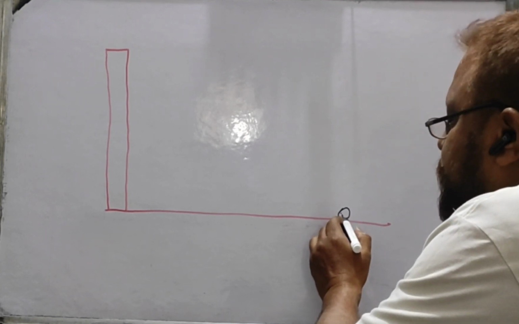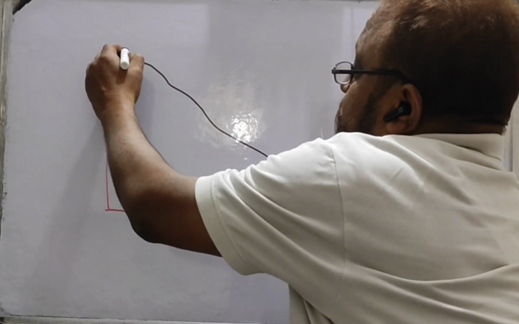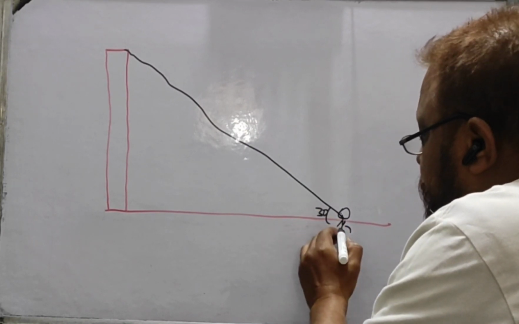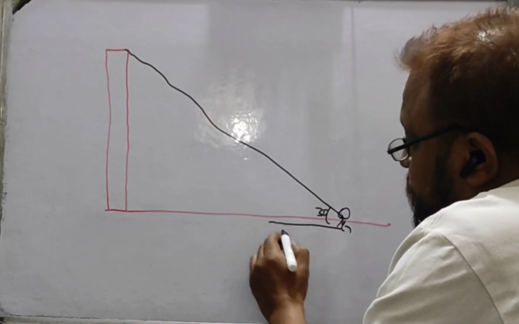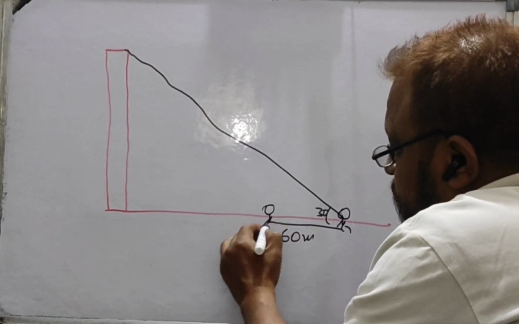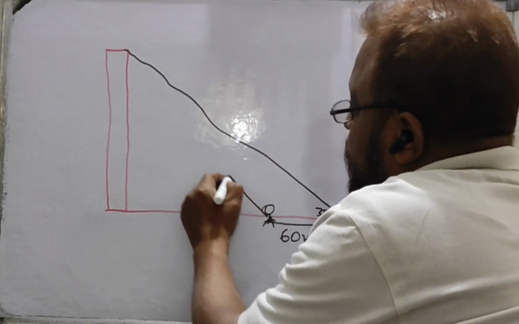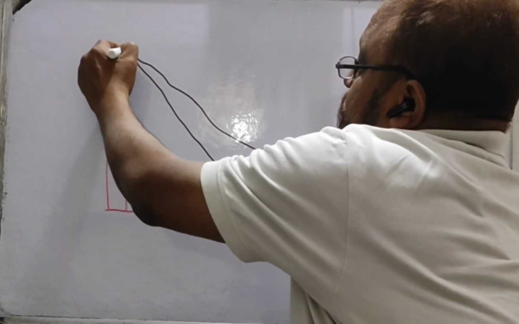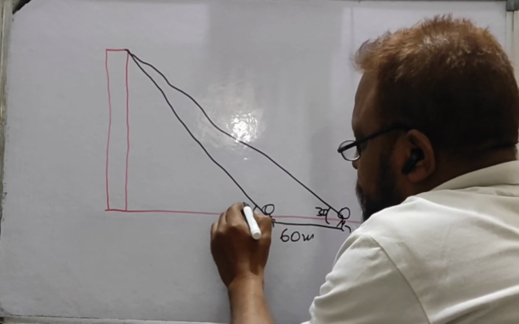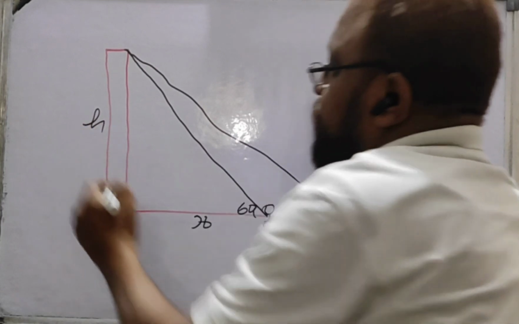The angle of elevation was initially 30 degrees, and he travels 60 meters. After that, the angle of elevation becomes 60 degrees. This is x, this is h.